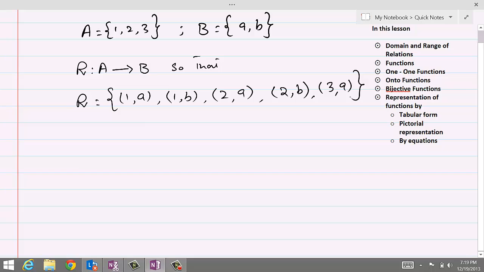Now, the collection of the first element of every ordered pair in this relation will be called the domain of this relation.